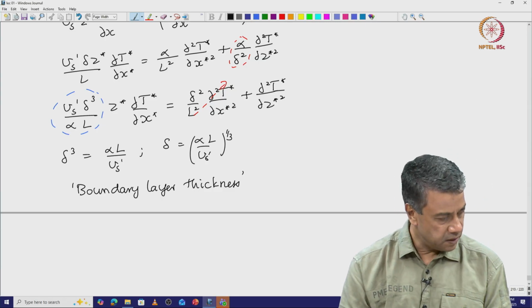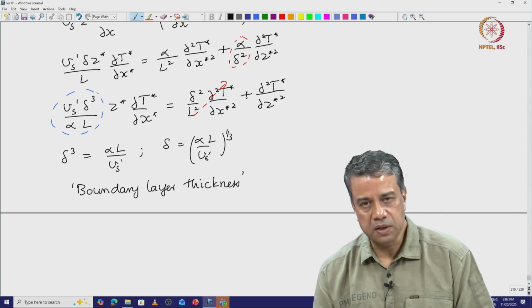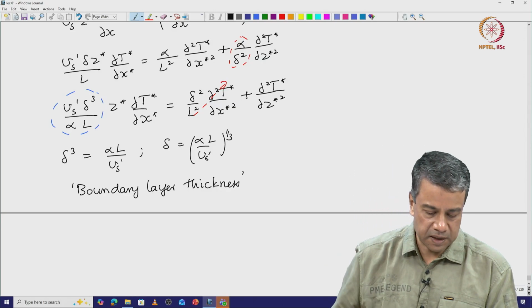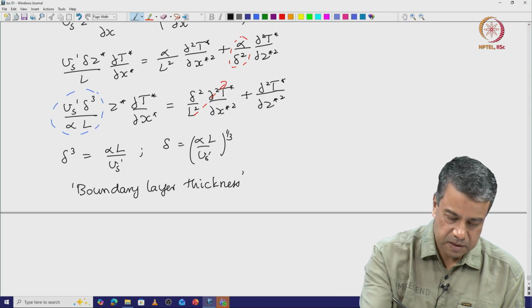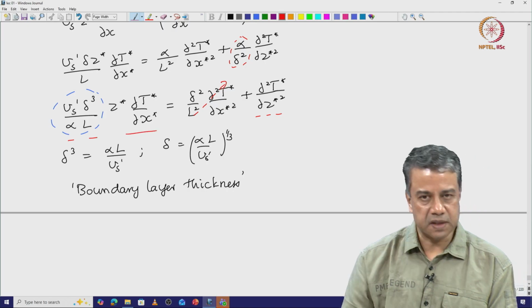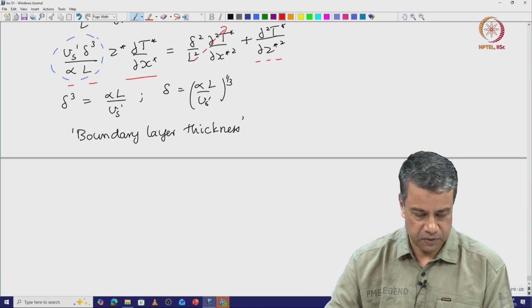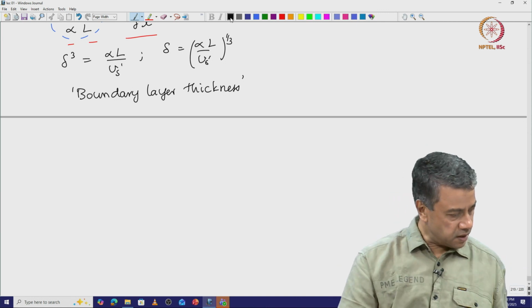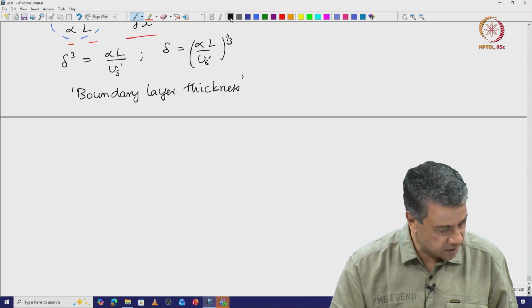So, this is the region within which convection and diffusion are of equal magnitude, and in that case there is a balance between streamwise convection and cross stream diffusion.